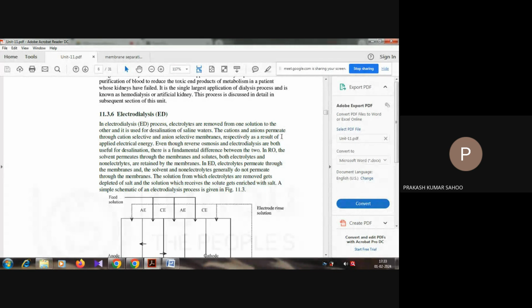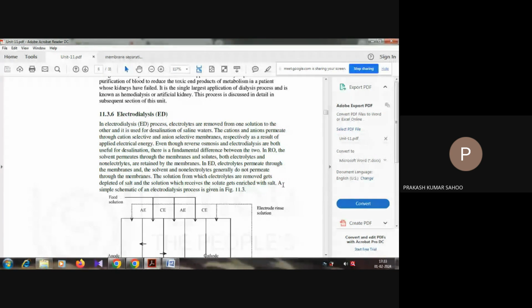The cations and anions permeate through the cation selective and anion selective membranes respectively as a result of applied electrical energy. So there are two membranes, a cation selective membrane and an anion selective membrane. By using these two opposite charge selective membranes, and by the application of an electrical field, the electrodialysis process is employed for desalination of saline water.